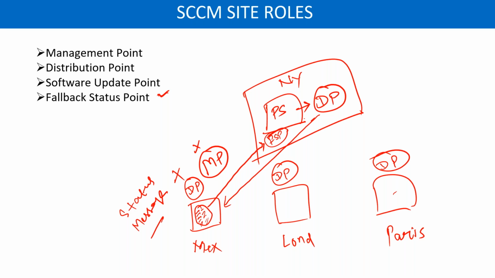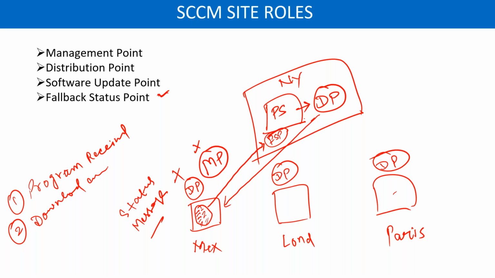Let's say you deploy something to 100 computers, let's say Google Chrome. When you deploy, first the computer will receive the program. So the first status will be program received. Second status, download content.